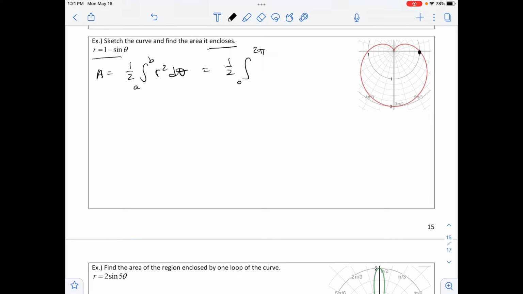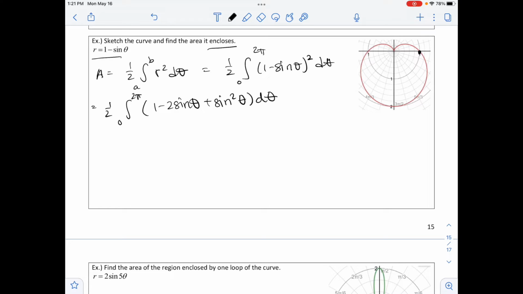And our r value here is 1 minus sine theta squared, and then d theta. So then multiplying this out, we have 1/2 the integral from 0 to 2 pi of 1 minus 2 sine theta plus sine squared theta d theta.